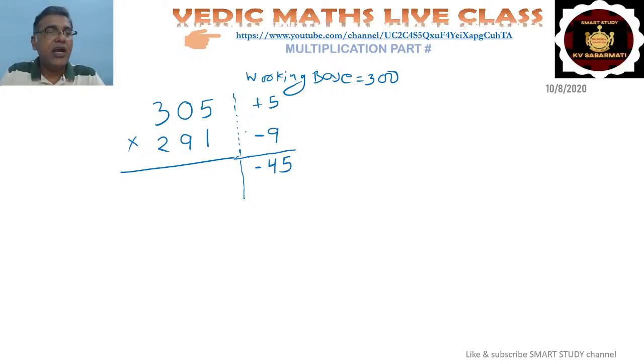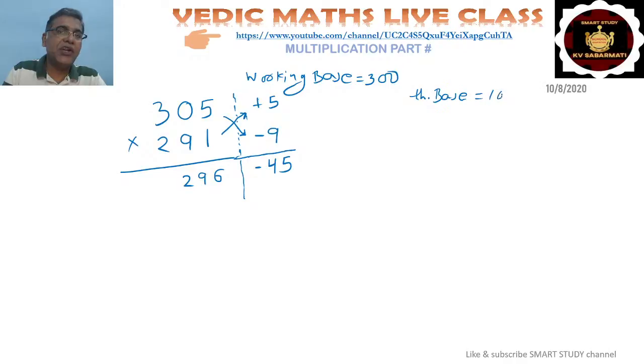And on this side or that side, any side you can check which is easier and do that. So 291 plus 5 will be 296. This is easier for me, so I am writing 296. But here I am following the rule of 100.